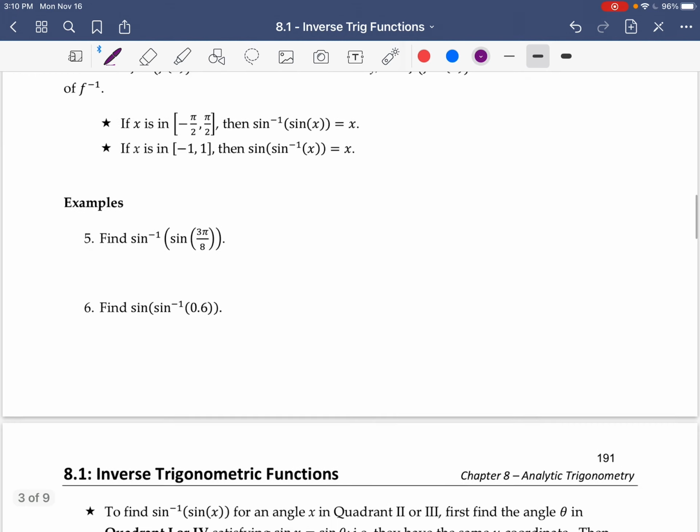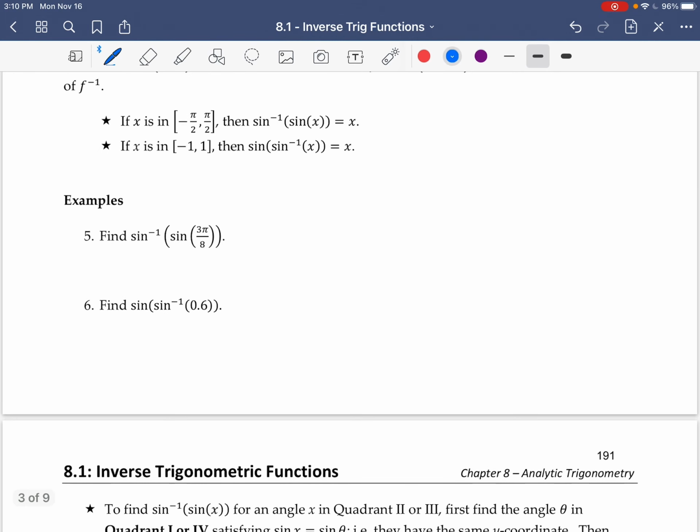Now, for these two, 3 pi by 8 is bigger than 0, but it's less than pi by 2, because pi by 2 would be 4 pi by 8. So it's in this interval, which means this is equal to just 3 pi by 8.